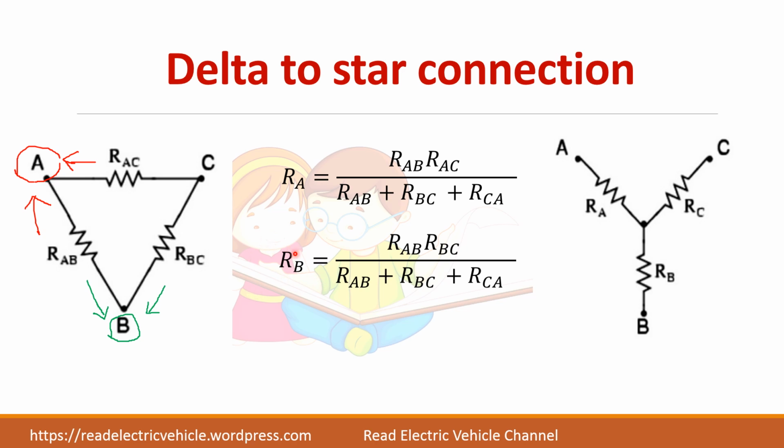If you want to find RB, multiply the adjacent terms RAB into RBC divided by sum of all the resistance. So this will be easy. For finding RC, multiply the product of these two divided by sum of the resistance.